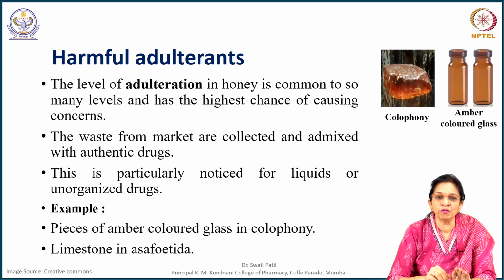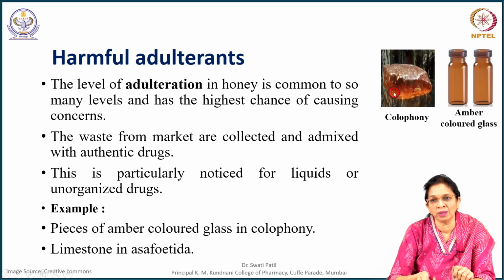So, particularly for liquids or unorganized drugs, it is very easy to add an adulterant. Colophony is a very expensive resin, and it is often found adulterated with glass pieces of amber. So, you can imagine how harmful these adulterants are.